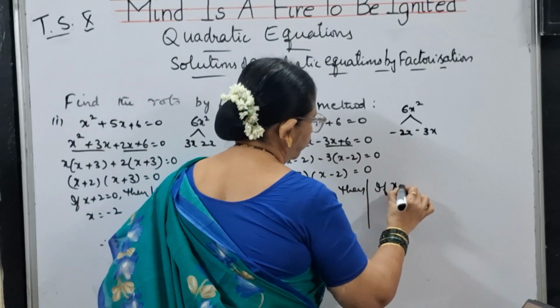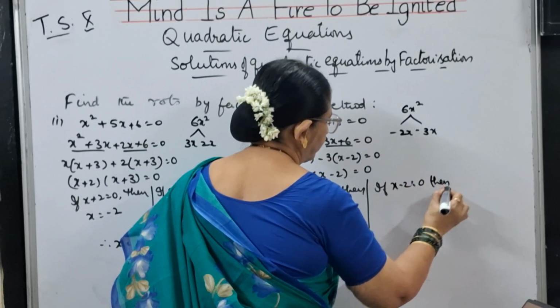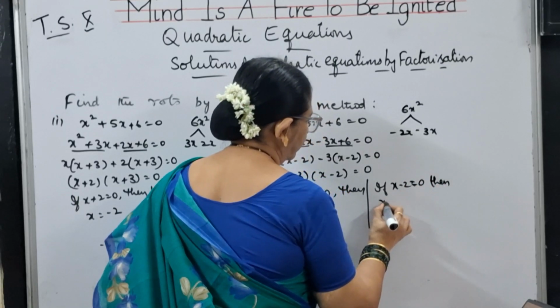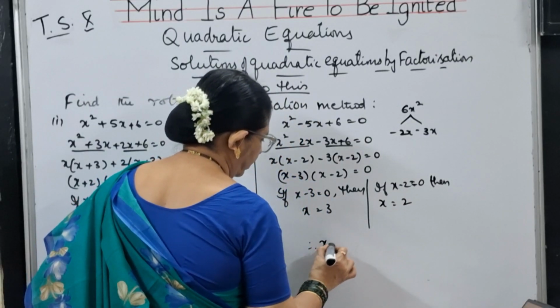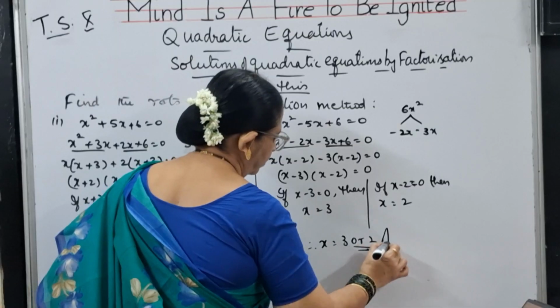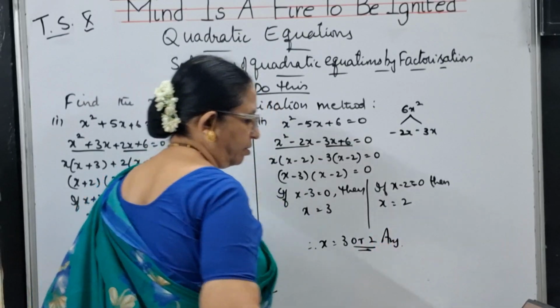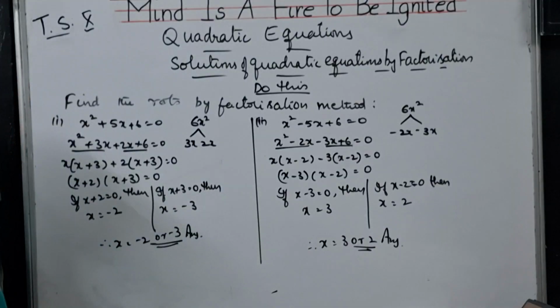If x - 2 = 0, then x = 2. Therefore, x = 3 or 2. These are the answers for this sum, children. First two sums I have done. Please note it down.